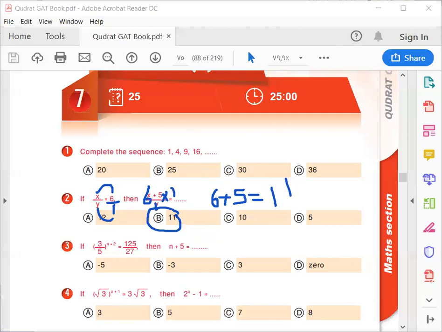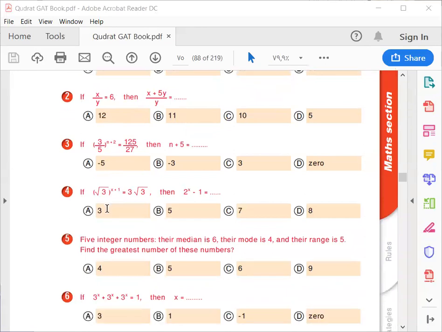Right, good. What about the third question? If (3 over 5) to the power n plus 2 equals 125 over 27, then find n plus 5. How do I solve this problem?